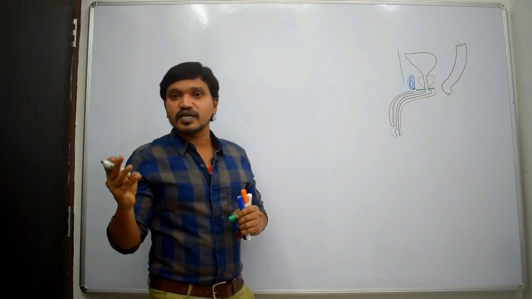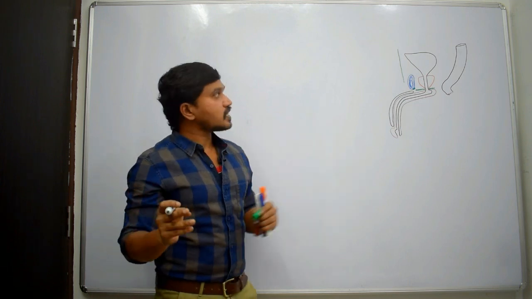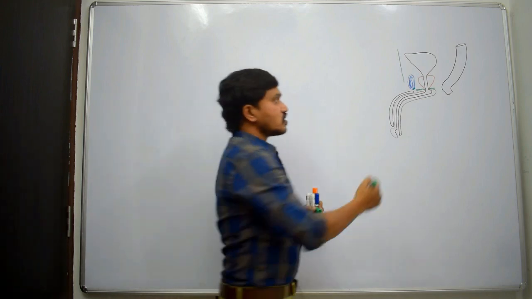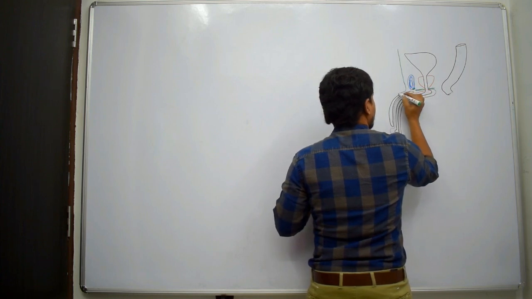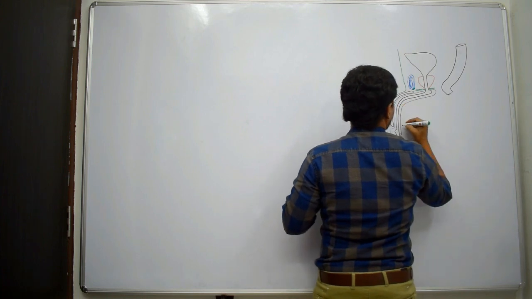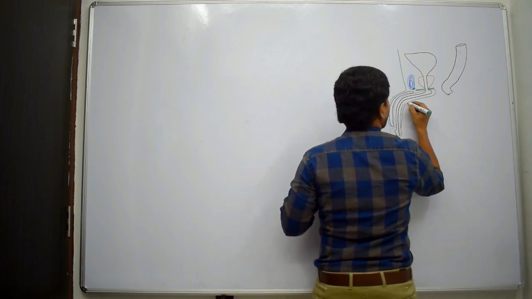The superficial layer is fascia Camper, that is the fatty layer. Then the membranous layer, that we call fascia Scarpa. When it enters the perineum, it changes its name. What is the name now? Colles fascia.